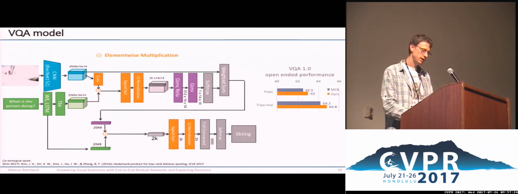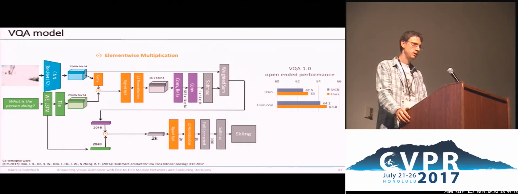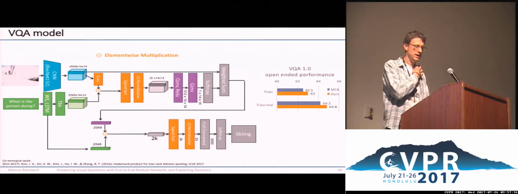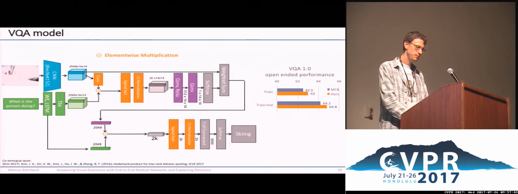With this, we get performance that is slightly better for a single model than MCB or last year's model. There's also a contemporary work from Kim et al., and they use a tanh instead of sine square and L2 norm, and they also get slight improvements over the MCB model while keeping everything else fixed.